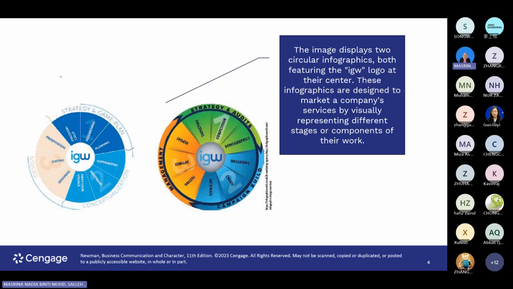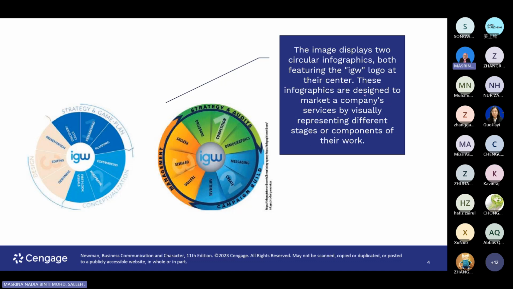So it's a circular infographic where you can see that both of these infographics are featuring their logo. This is the official logo of the company, IGW at the center.